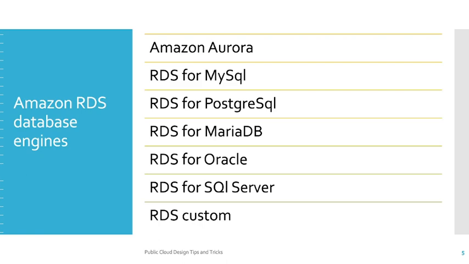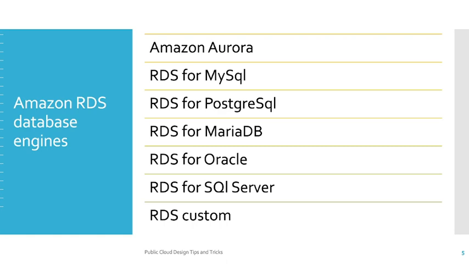Now, the Amazon RDS database engine supports different types of SQL capabilities, like Amazon Aurora. When you have a huge, large database and you need high performance, in that case you can select the Amazon Aurora database engine. RDS for MySQL, if you want to achieve MySQL capabilities with Amazon.